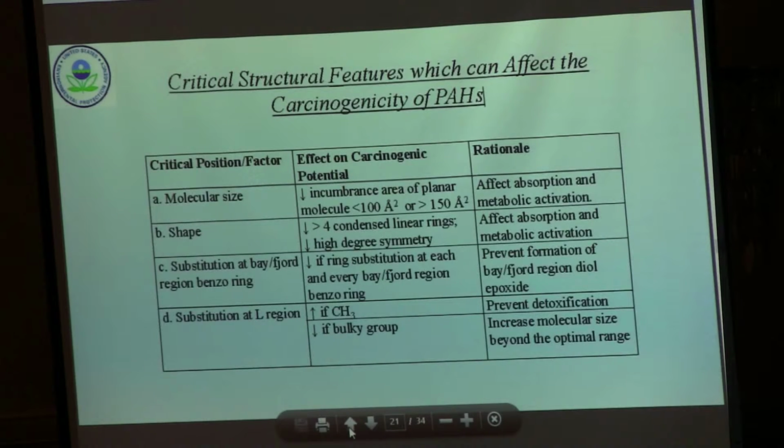You can also reduce the carcinogenic activity by substituting at the bay or fjord region, so that it prevents them from forming the electrophilic intermediate. And as I mentioned, for the L region, if you introduce a small alkyl group like a methyl group, it will increase the carcinogenicity because it prevents the detoxification. But you don't want to introduce too big a group, otherwise it increases the overall size of the chemical.